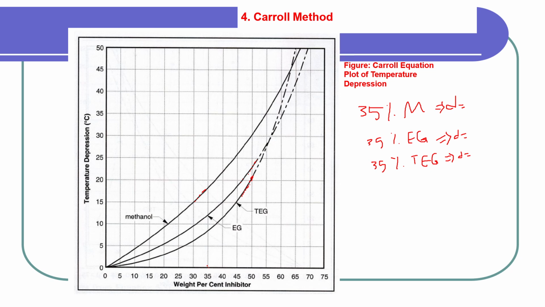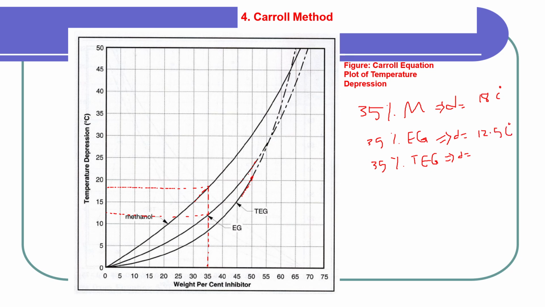therefore, okay, so you have 35 weight percent, so I'm going to go vertically this way. In terms of methanol, the decrease in hydrate formation temperature will be approximately 18 degrees Celsius if I add 35 weight percent of methanol. If I have 35 weight percent of EG, this will cause a decrease in hydrate formation temperature of approximately 13, or almost 12.5.